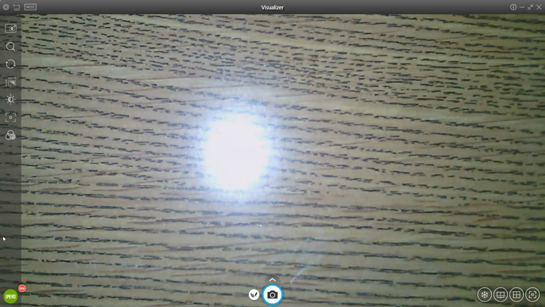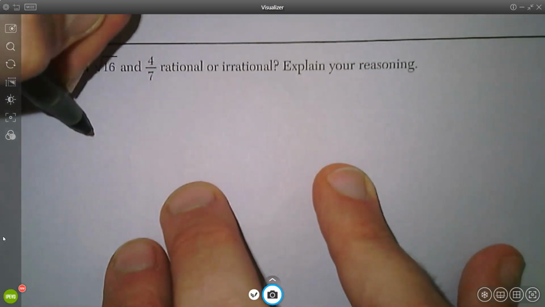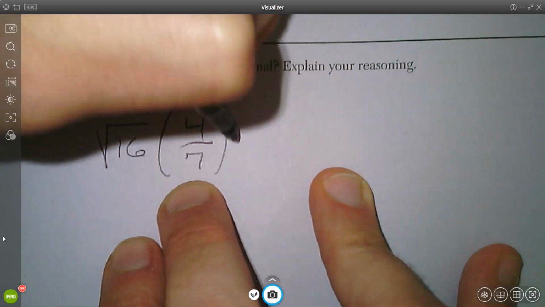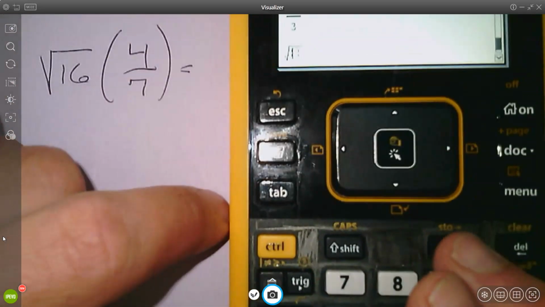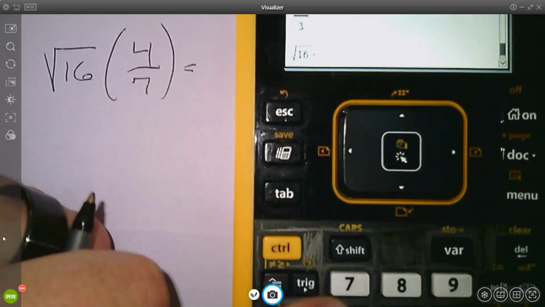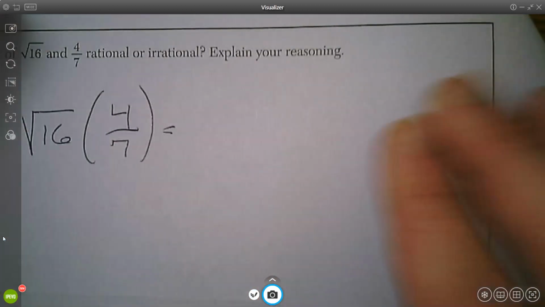All right, moving along to the last couple here. Is the product of square root of 16 and 4/7 rational or irrational? Product means multiply. So I'm going to go to my calculator. Square root of 16 times 4/7. The answer is 16/7.